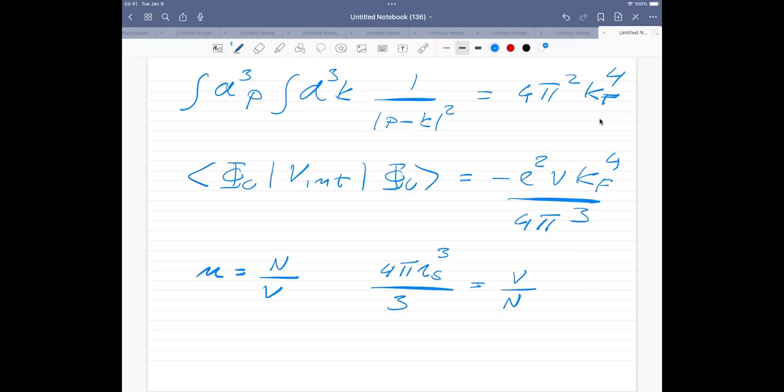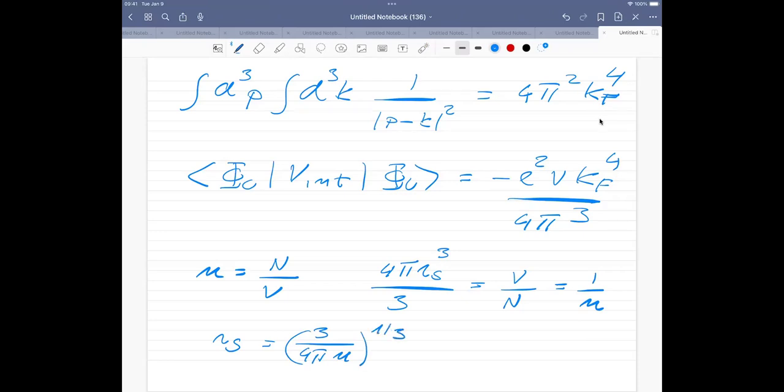And this one is nothing but clearly 1 over n. We found last time that this Rs can then be written as 3 divided by 4 pi n to the power of 1/3.